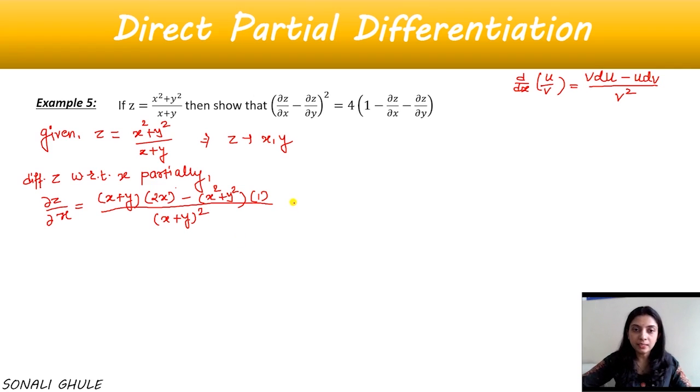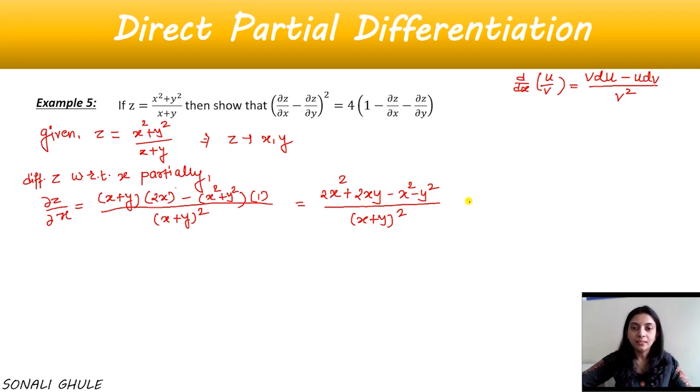Simplifying this now, if I open the bracket and multiply 2x into it, it is 2x square plus 2xy minus x square minus y square upon x plus y whole square.